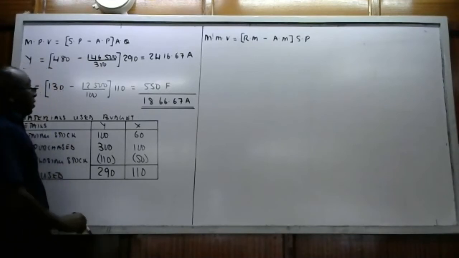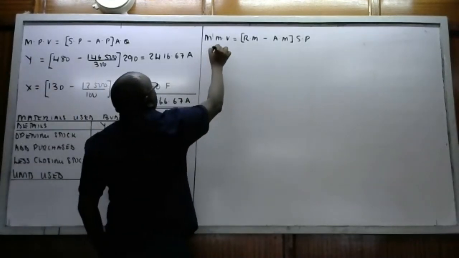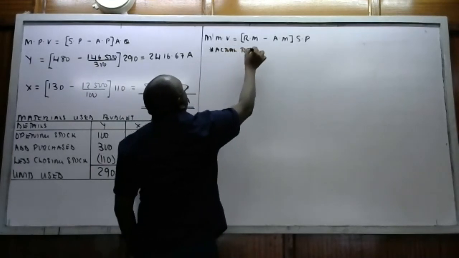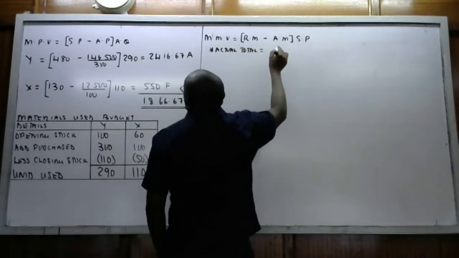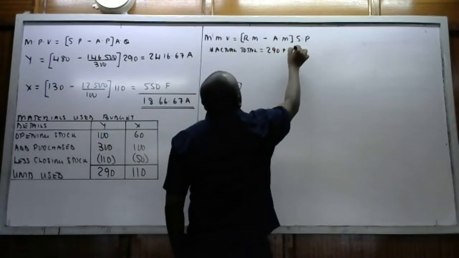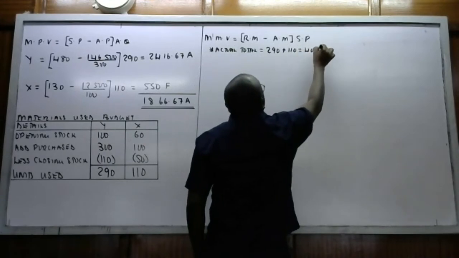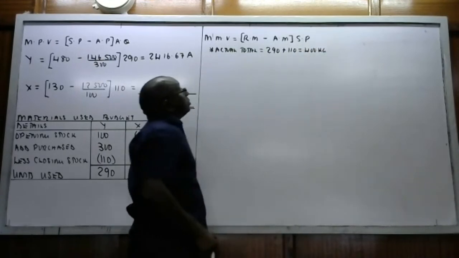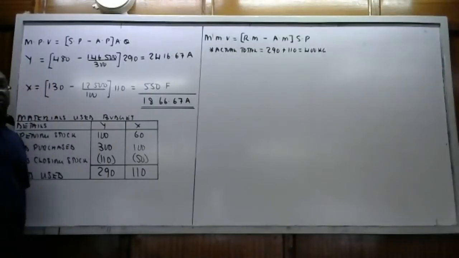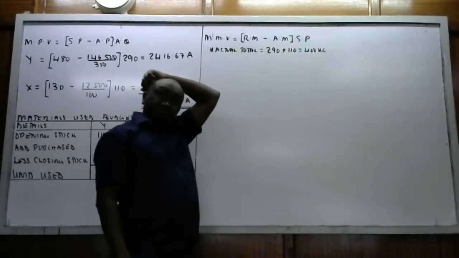So maybe first of all, the actual total is 290 plus 110, and this is 400 kilograms. Because that's where you must start, once you do the actual total.